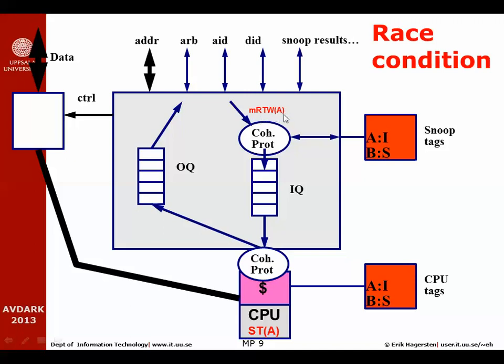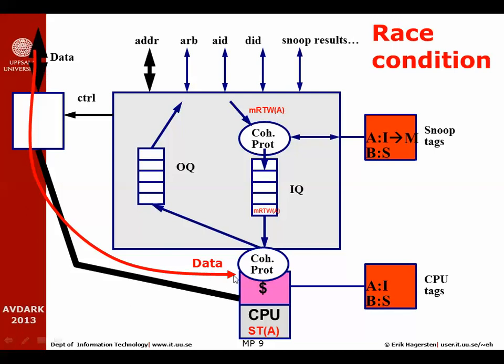We snoop our own transaction, which means that at that point in time we change the snoop tags to modified. We queue up my own read to write request in our input queue. However, this read to write request needs to sit here at the front of this queue, blocking any other requests from being read from this queue until the data associated with that transaction is returned, either from memory or from some other cache, depending on what state they were in.